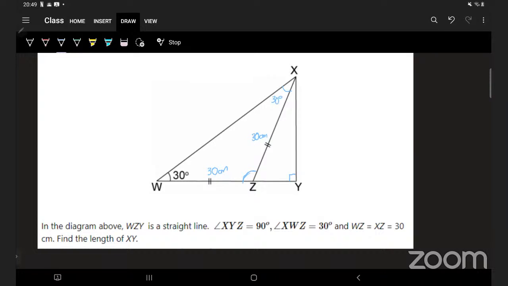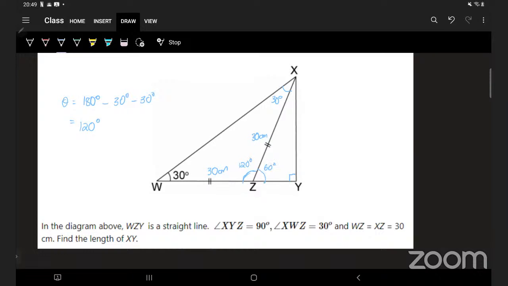To get angle theta, theta is equal to 180, the sum of angles in a triangle, minus 30 and then minus 30 again. So you'll be getting 120 degrees. So theta will be equal to 120 degrees. Now you can find this angle, which is just 180 minus 120, which is 60 degrees.